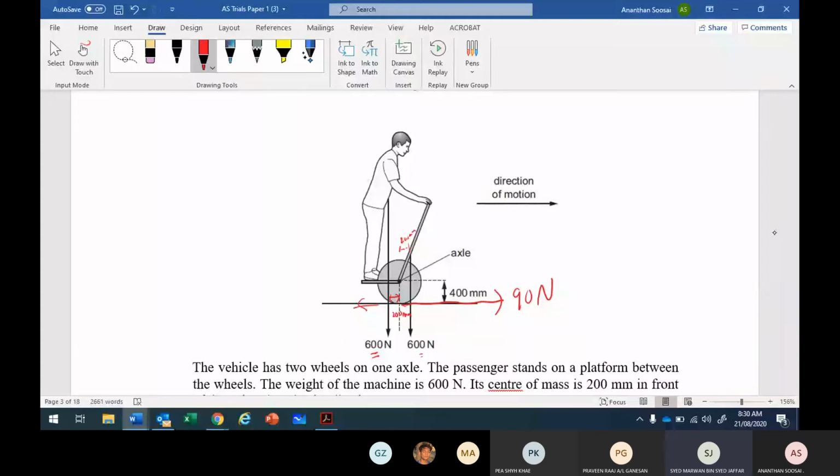Okay, this is the force by ground to the wheels, x to the right. The force by wheel to the ground is to the left, right?